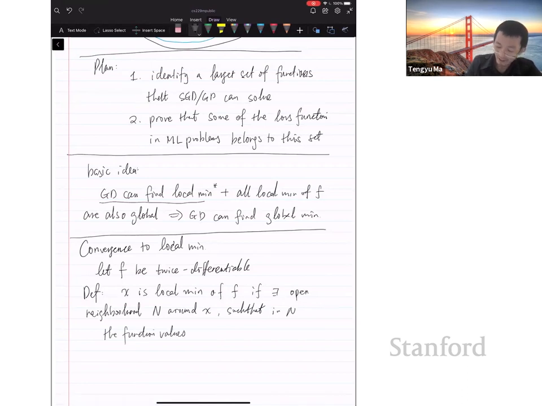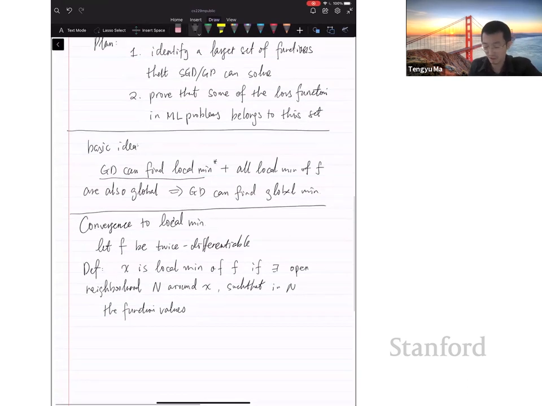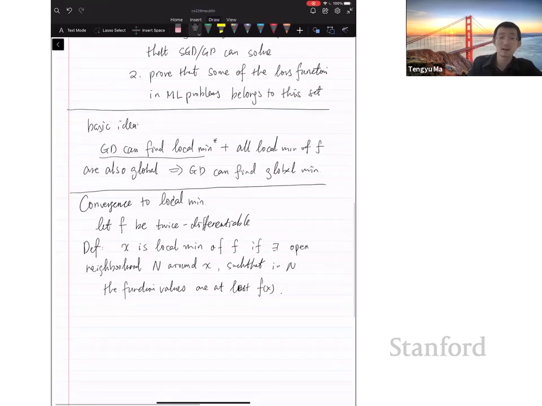I'm using a lot of text here just to make it easier to understand. Alternatively, I can also use just math. So basically, f(x) is the minimum in this neighborhood. That's the definition of a local min.